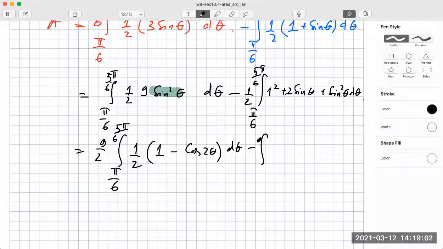And the second one here is 1/2 integral from pi over 6 to 5 pi over 6. This one is 1 plus 2 sine theta, and again we use the half angle formula here, right?